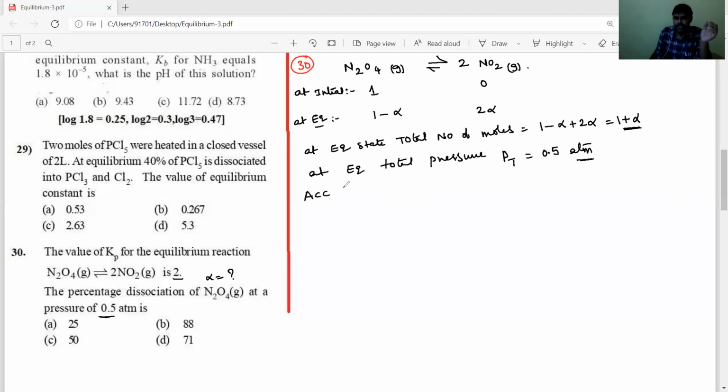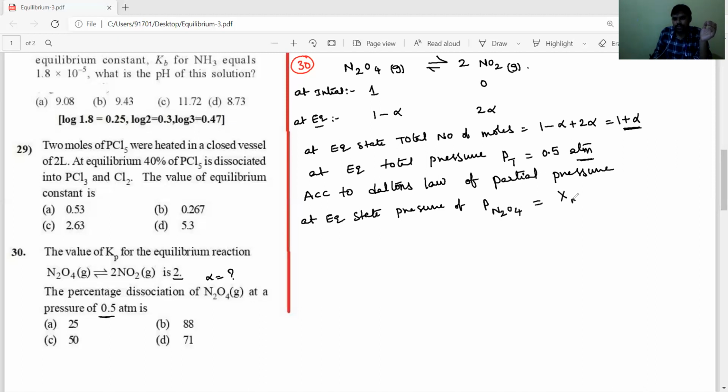According to Dalton's law, the partial pressure at equilibrium of N2O4 is equal to the mole fraction of N2O4 into the total pressure.